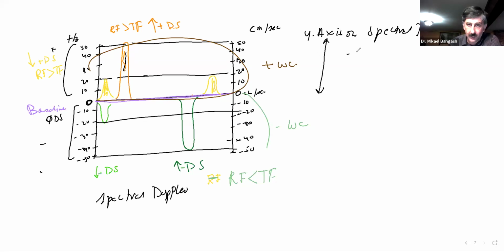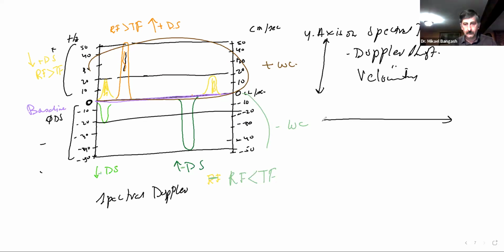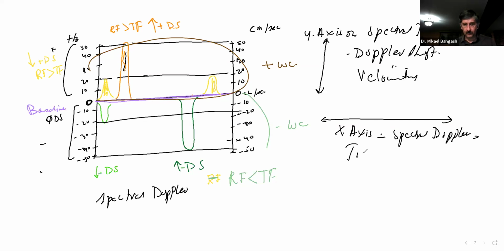It is going to be either the Doppler shift, which on the other side can also be the velocity. Whereas what you see along the x-axis in a spectral Doppler is going to be time.